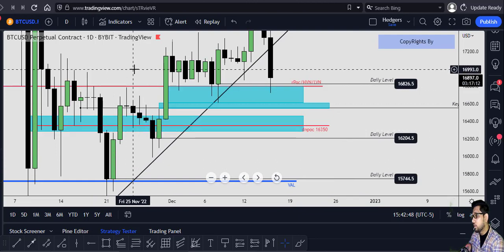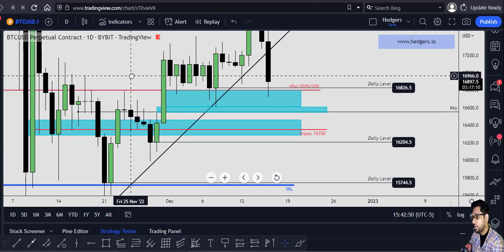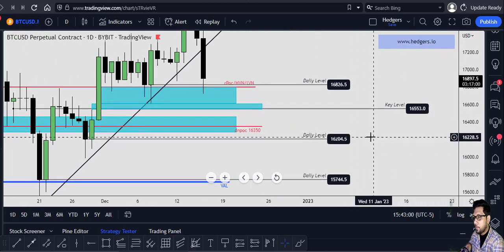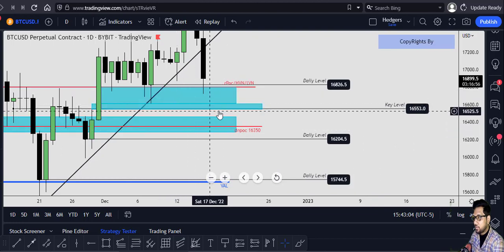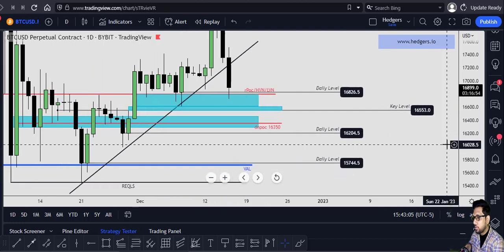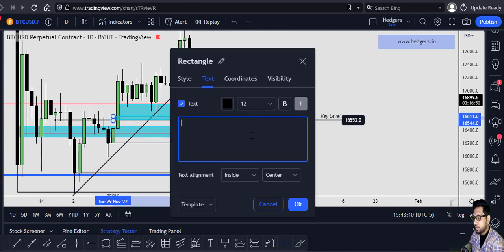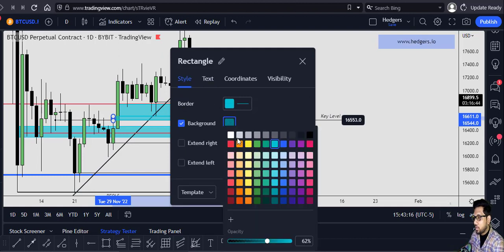But on the other pair that I was talking about previously, the Bitcoin USDT Binance spot, that pair has a really big imbalance comparatively to this one. Okay, this is the daily imbalance, D1 imbalance. Just keep this in mind.